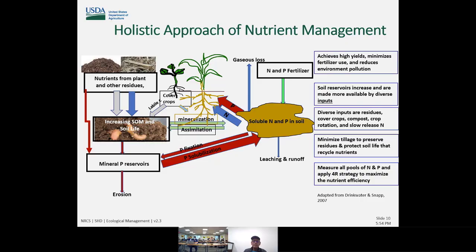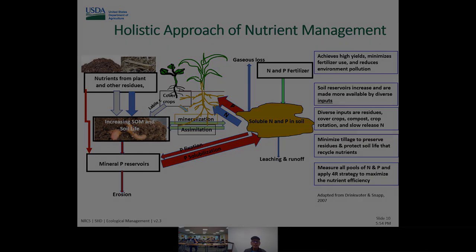Those diverse inputs are not only fertilizer, but nutrients coming from cover crops, compost, biochar, or crop residues, and also maybe some slow release nutrients we can put in there.